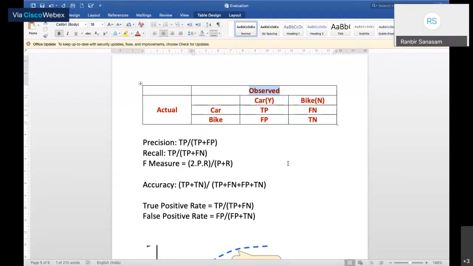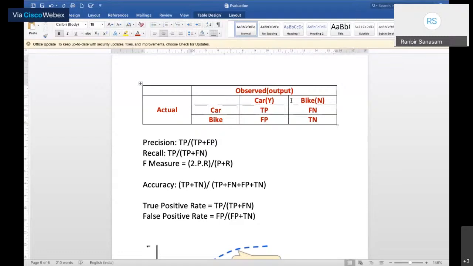The output of this classifier is the observed. But your classifier may perform wrongly and misclassify. You give a bike, and your classifier may classify it as a car.